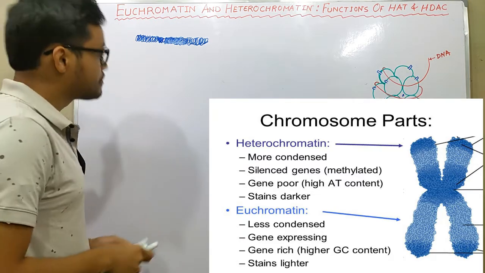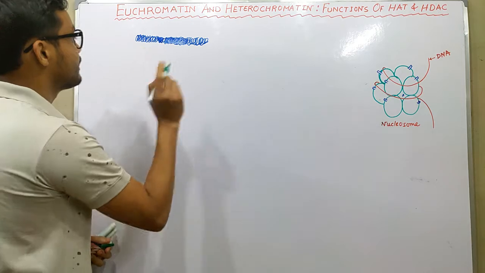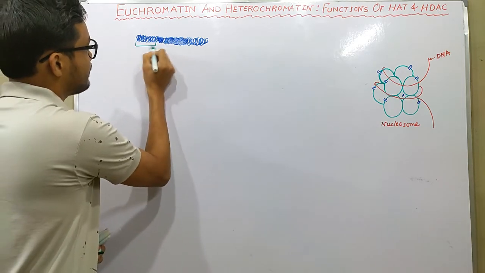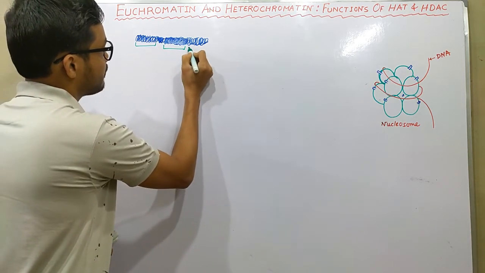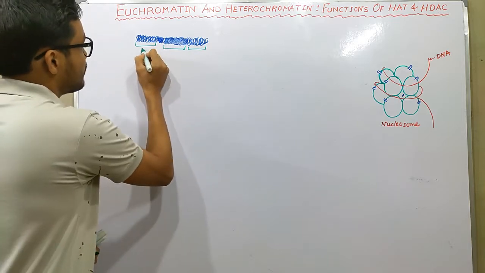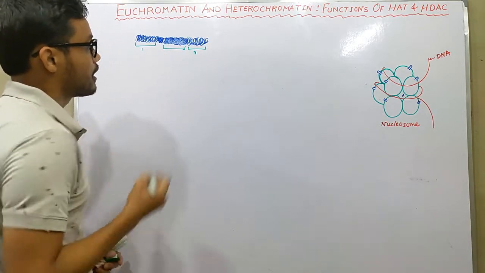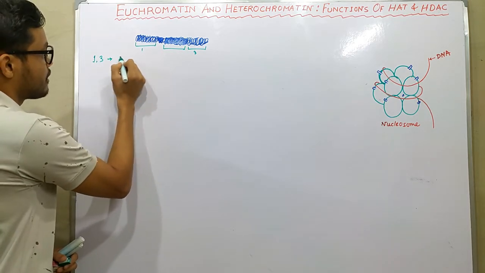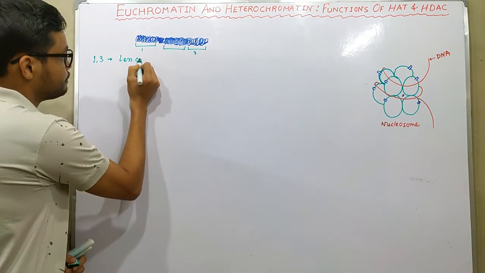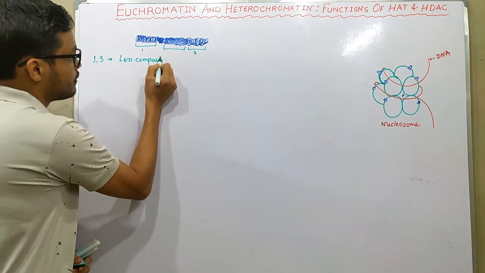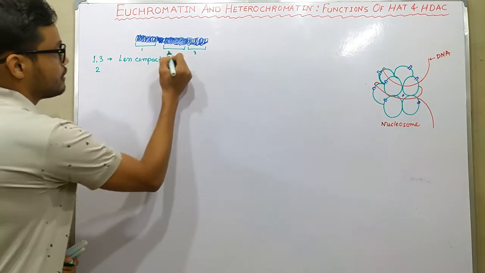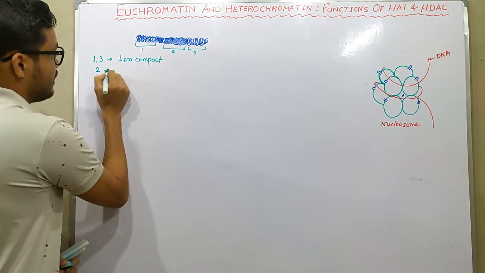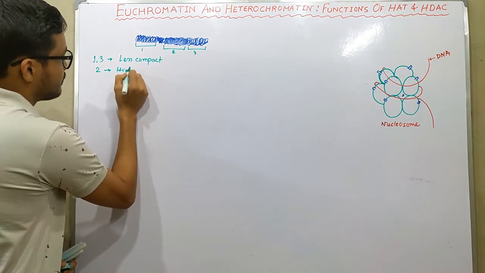Here you clearly observe that there are two different structures. One is more compact. So the first and third structures are less compact. And the second structure is highly compact.